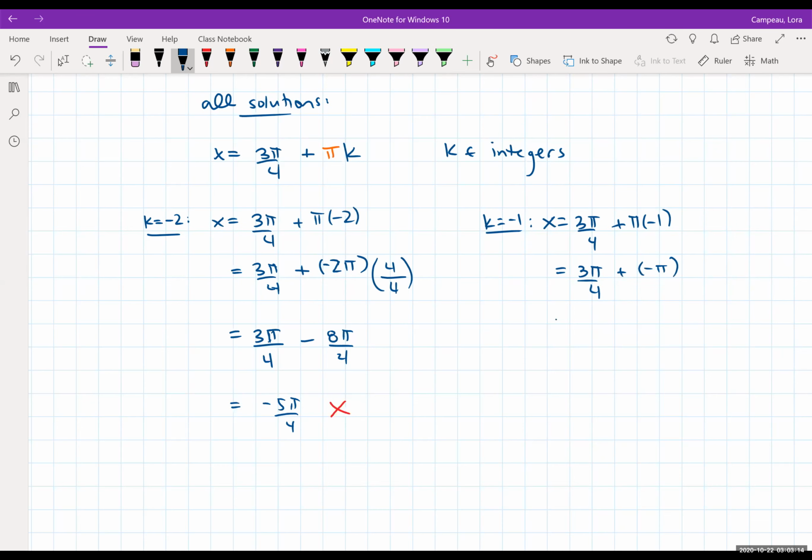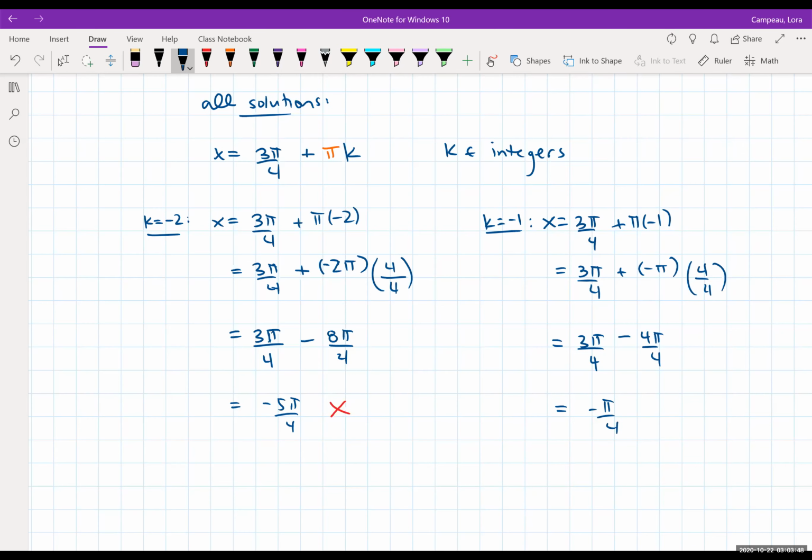If we find an LCD, we multiply -pi by 4 over 4, we have 3 pi over 4 minus 4 pi over 4. That's going to leave us with -pi over 4.